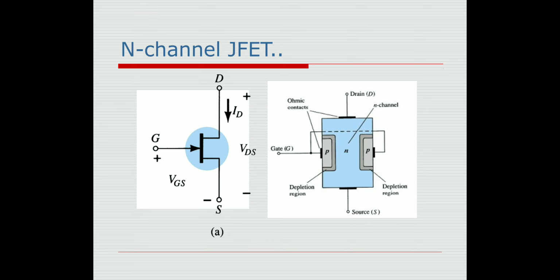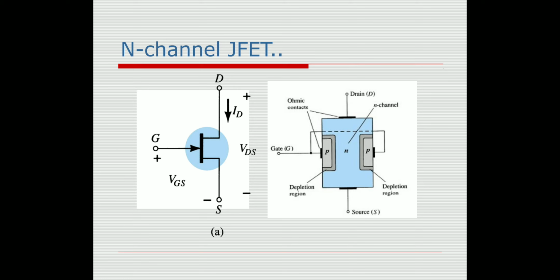If we control the voltage VGS, we can easily control the current which is flowing through this transistor. So see the construction in the right hand side diagram. The drain is at one end of that N-type semiconductor bar, or material. At the other end we have source and the gate is in between. We have two p-type layers and those layers are connected to form the gate terminal.